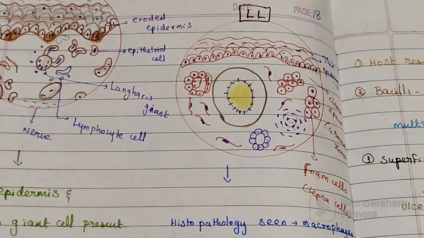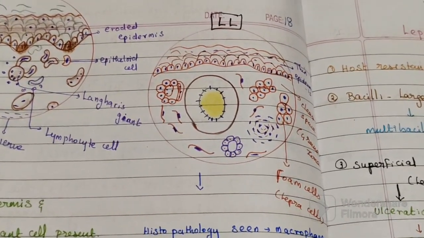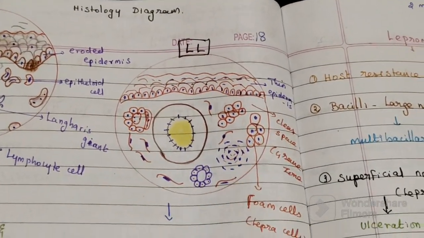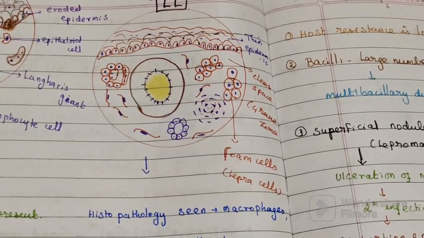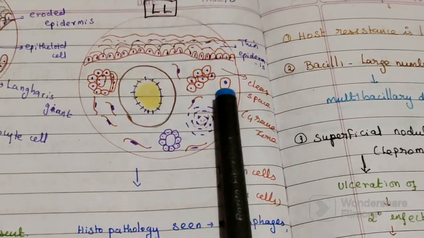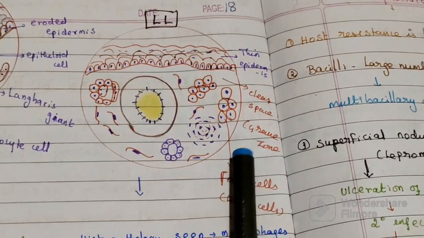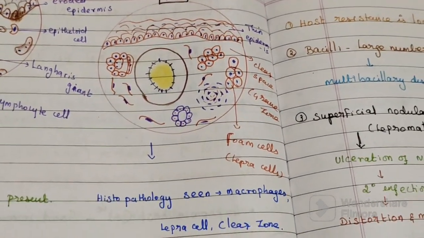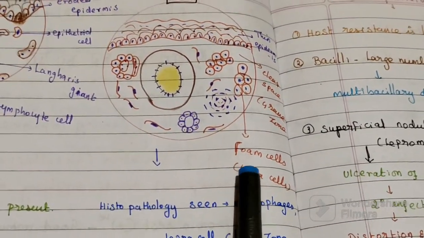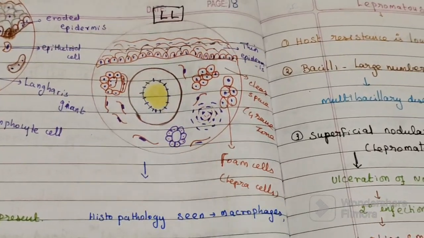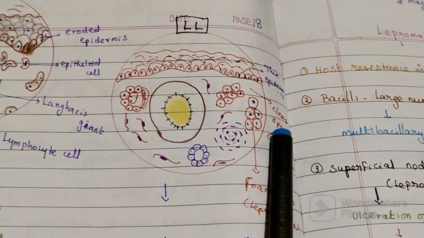Histopathological studies of the two types of leprosy. This one is lepromatous leprosy. Here we can find a clear zone, called the grenz zone. Then we can find macrophages, then foam cells, which are lepra cells, and the clear zone.